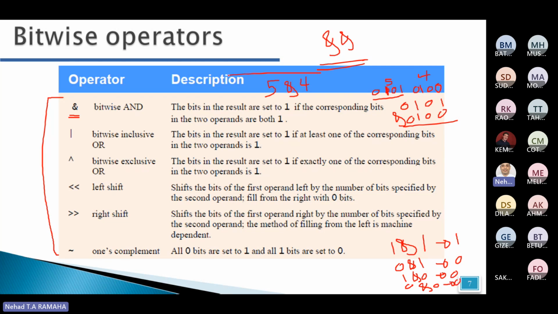You make the AND operator between numbers, the compiler sees them as binary, then makes the AND operation for each corresponding digit. For example, 5 and 4: take each corresponding digit, 1 and 0, it's 0, 0 and 0, 0, 1 and 1, 1, 0 and 0, 0. So 5 and 4, the result will be 4.